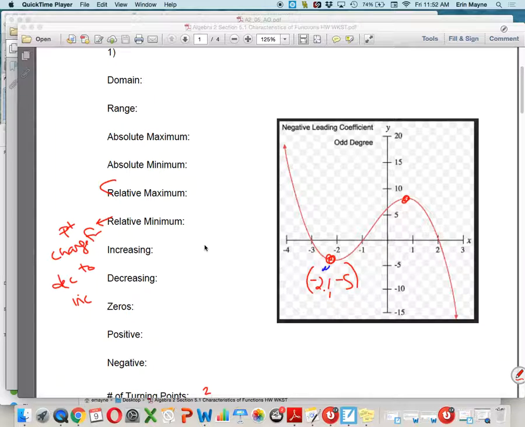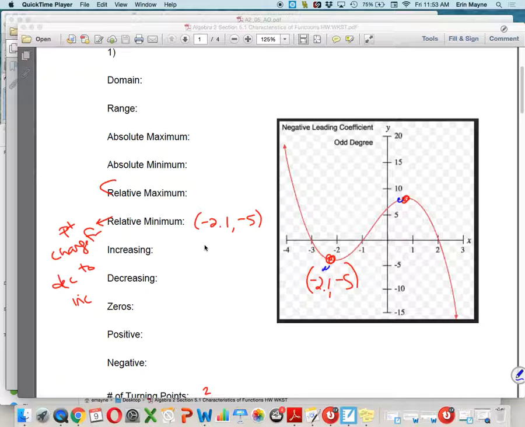Now, it's not like yesterday, we're not writing down a ton of things, but we are going to write a few things down. I have a relative minimum at negative 2.1, negative 5. But for every turning point, the way Ethan explained, I have a relative, being relative on a certain part of the graph, maximum or minimum.